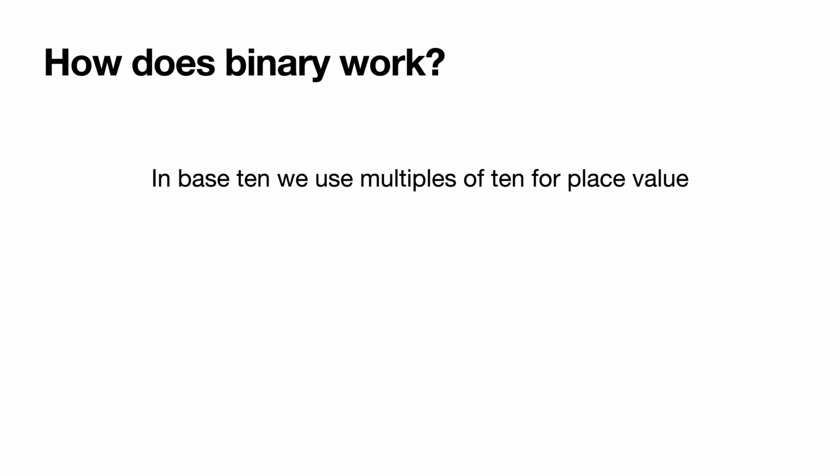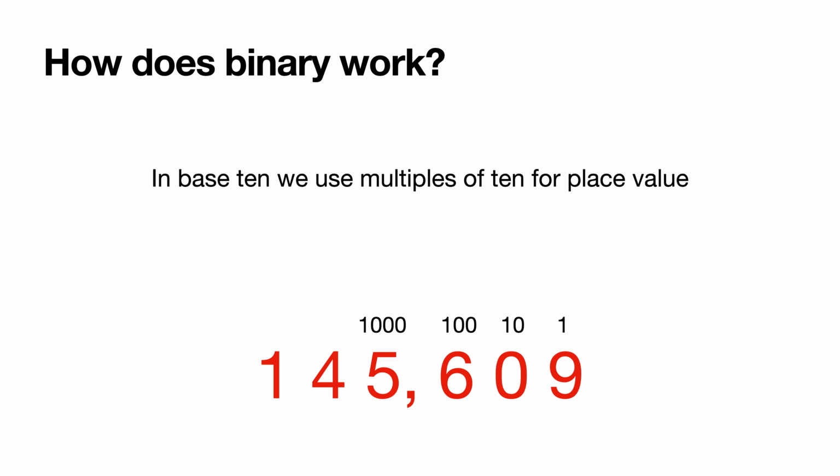When we create a number in base 10, say the number 145,609, each one of those digits represents a value from 0 to 9. In the ones place right now, you can't use a 10.